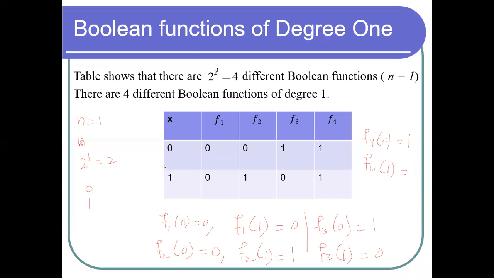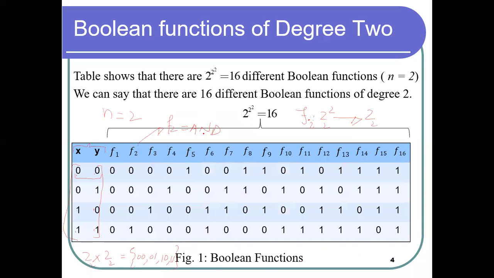In the last case, every function, say f1, takes two elements and maps to one element, either 0 or 1. So Z2 squared gives single valued Boolean functions.